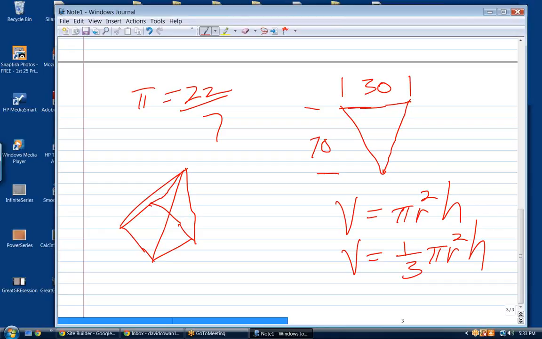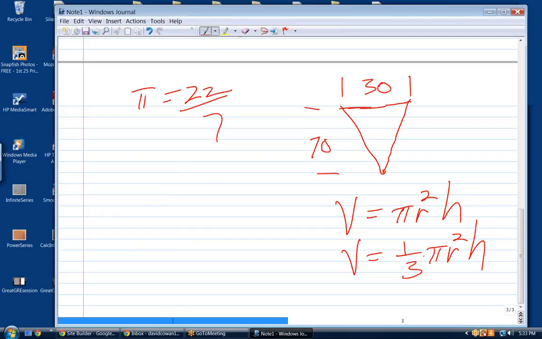And that's a good way to remember the volume of pointed things. In other words, instead of the base times the height, it would be 1/3 of the base times the height. And it doesn't matter whether it's a pyramid or a cone or a 5-sided pyramid. You always lose 2/3 of the volume.